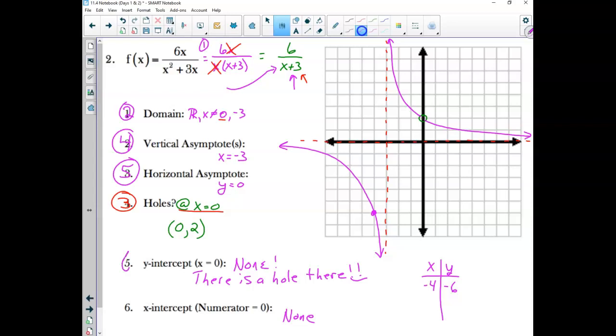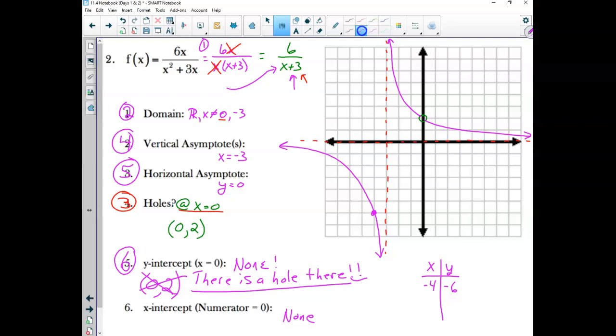The sixth thing I did was I looked for my y-intercept, and I almost fell in. I'm like 0, comma, 2, but I don't really have a y-intercept at 0, comma 2 because there's a hole there, so I never intersect the y-axis.